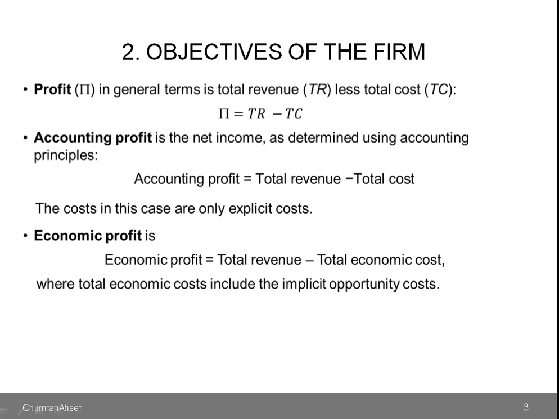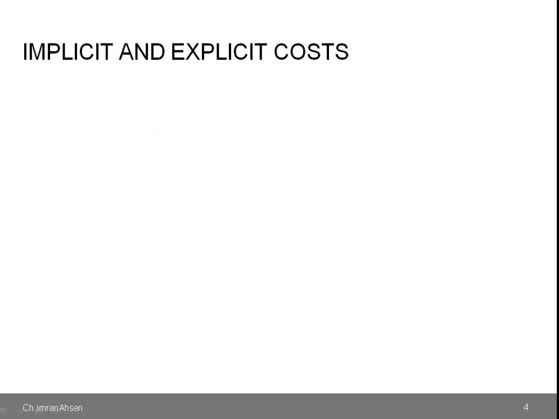The costs in this case are only explicit costs. What is explicit cost? We will talk about this later. Economic profit is equal to total revenues minus total economic cost, and total economic cost includes the implicit and opportunity cost. So let's see what these costs are. Implicit and explicit costs.